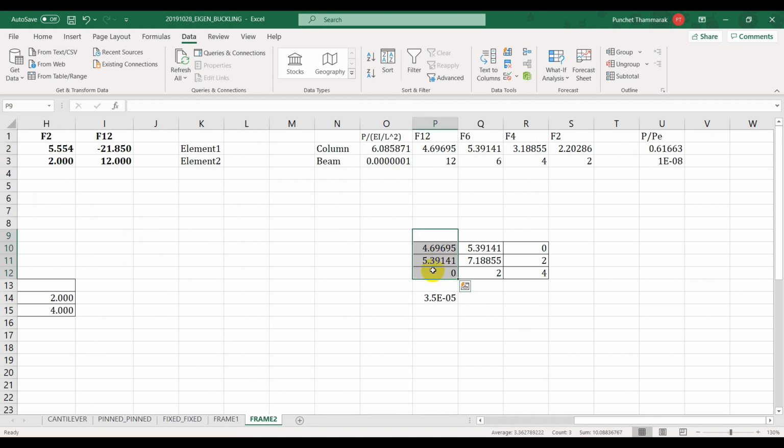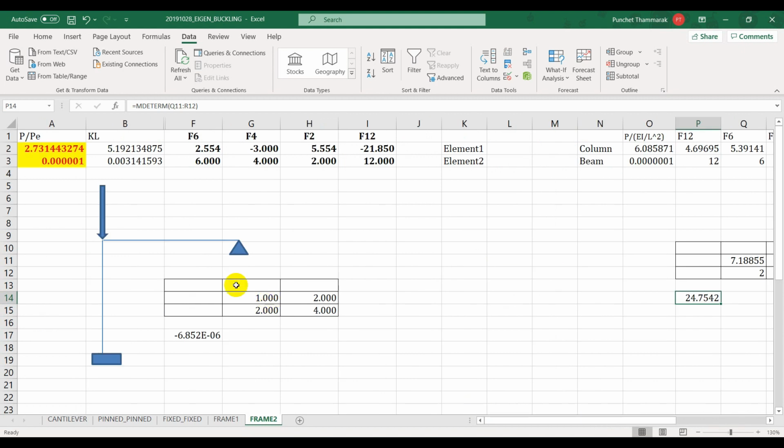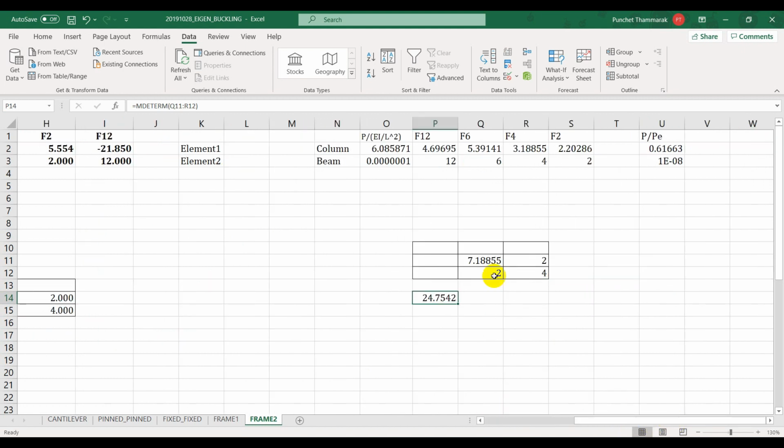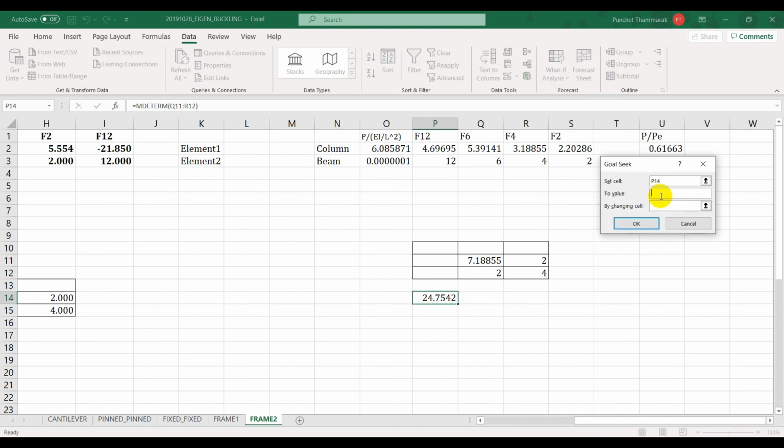So this one, clear this, I change this. We don't expect that the geometric stiffness matrix with the setup like this, having just 2 degrees of freedom, will work as good as this stability function on the left hand side. So what if go seek, we need the 0.